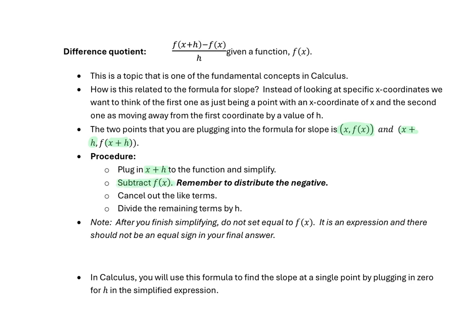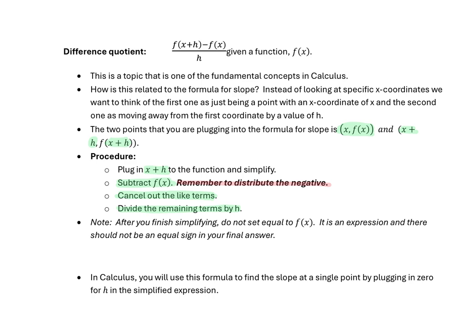One of the main things you need to remember is to distribute the negative to all the terms. If you do this correctly, like terms can be canceled out. We should have lots of terms that cancel. What you should be left with is all of your terms having an h in them, and we're going to divide the remaining terms by h.